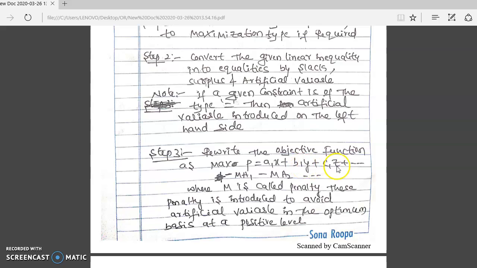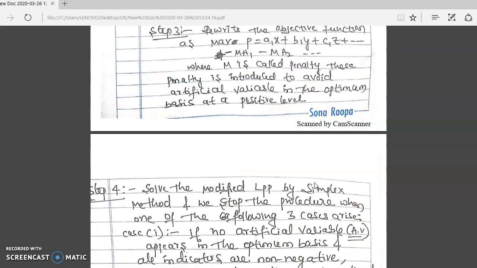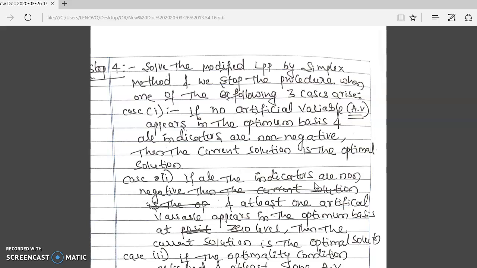Then just like in other problems we are using, if s1, s2 are there, you make use of 0 s1, 0 s2. This will not make any effect to the equation, so I am not adding it here. Then in step 4, we just start iteration as we are doing in the previous examples.